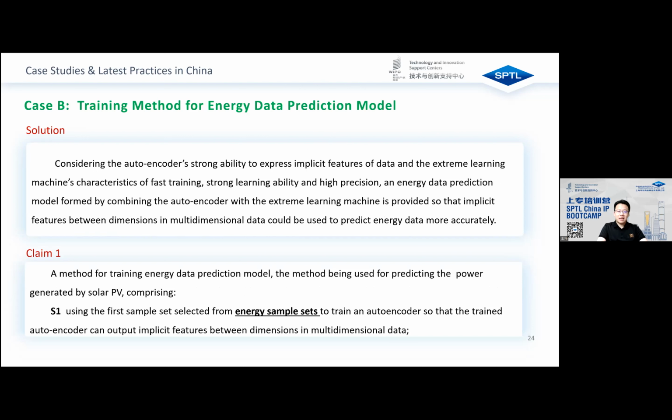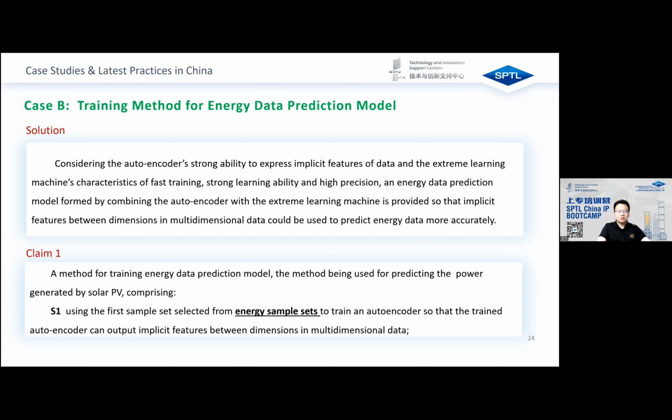So in order to solve this problem, a training method is provided. In this method, the autoencoder's strong ability to express implicit features of data and the extreme learning machine's characteristics of fast training, strong learning ability, and high precision are taken into account so that an energy data prediction model is formed by combining the autoencoder with extreme learning machine.